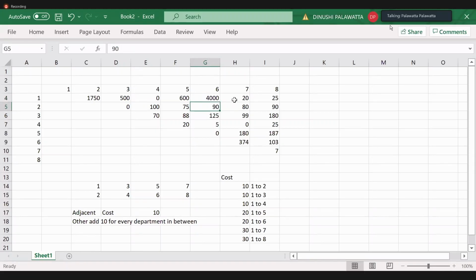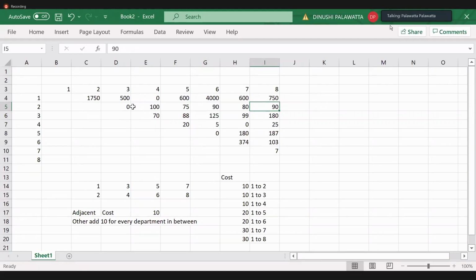That is 4,000. 1 to 7 is equal to 30 multiplied by 20. So that is 600. 1 to 8 is 30 multiplied by 25.